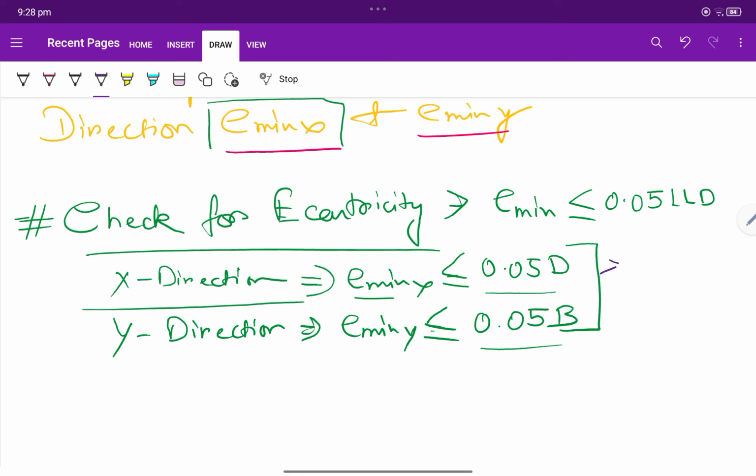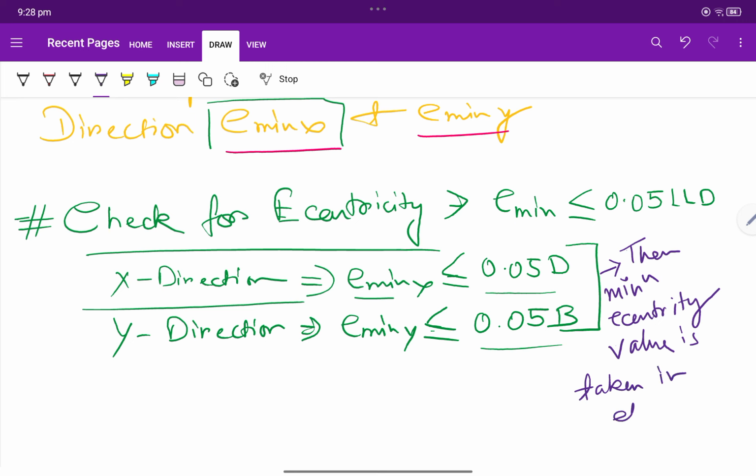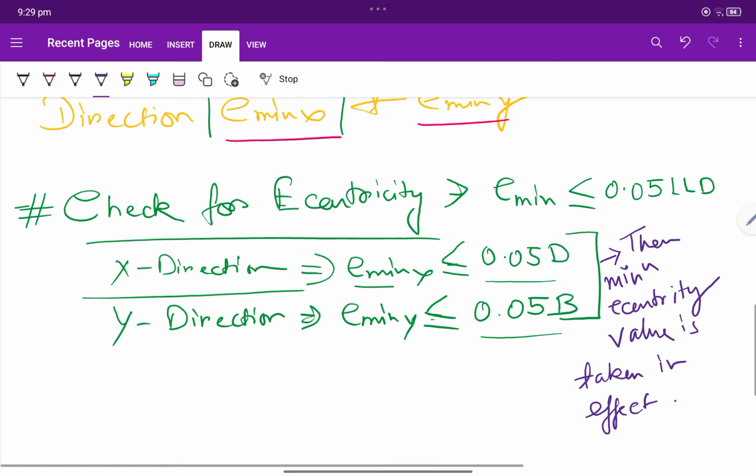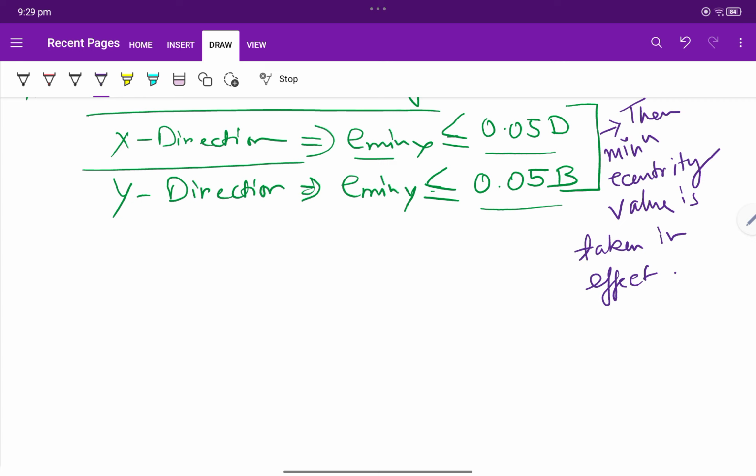Hence, if this condition is satisfied, then only the minimum eccentricity value is taken into effect.